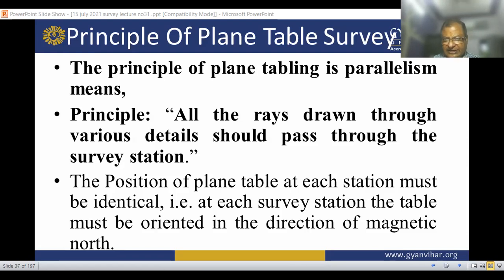All the rays drawn through the various details should pass through the survey station. So the position of the plane table at each survey station must be tangential, and the table must be oriented in the direction of magnetic north.